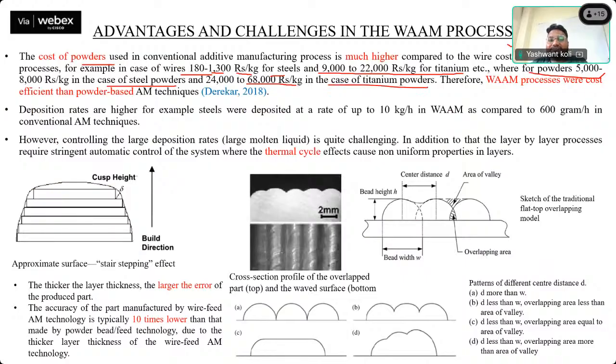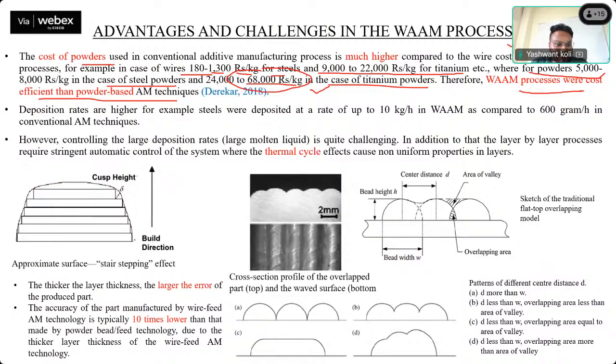The work is not done with 1 kg of powder; we need something like 5 to 10 kgs of powders for a single component fabrication. So this much powder cost is too much for fabricating a single small component. The precision is good, but the material cost is too expensive as compared to wire cost. So the WAAM process is more cost efficient than the powder based AM techniques.